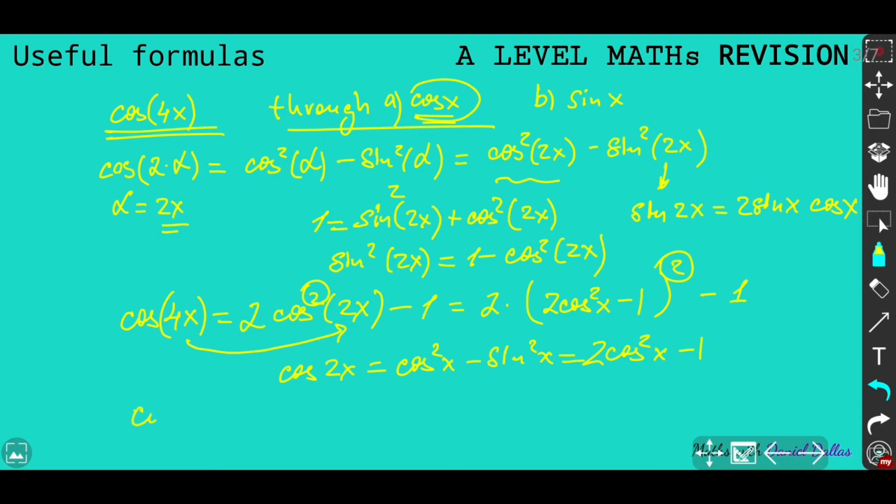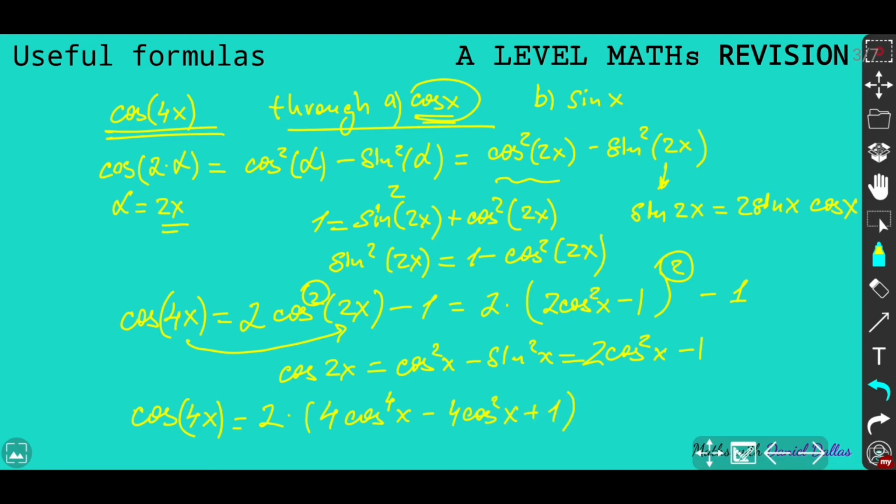So finally, cos 4x is going to be equal to, now you just need to raise to the power of 2 and also expand the brackets, but I'll do it step by step. So it's going to be like 2 times 4 cos to the power 4 x, then minus 4 cos squared x and plus 1.